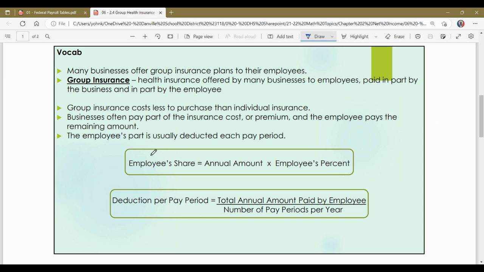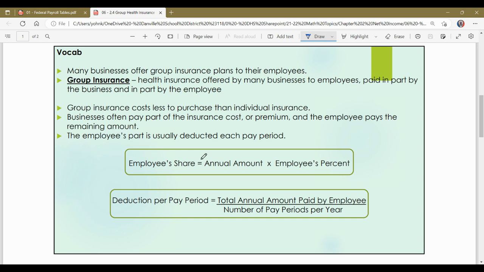So you need to find two things when you're talking about group health insurance. First of all, you have to actually find how much the employee is going to pay. And then once you know what percentage the employee is going to pay, you can find the actual dollar amount. And then you might have to figure out how much is going to be on each paycheck.